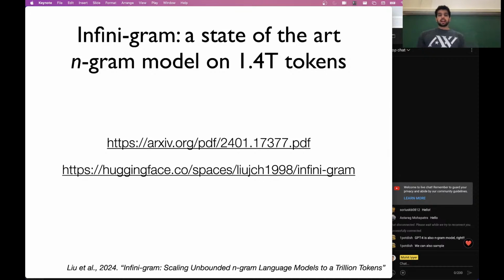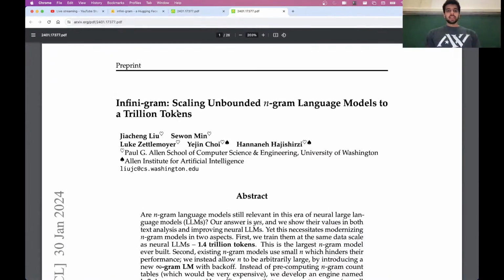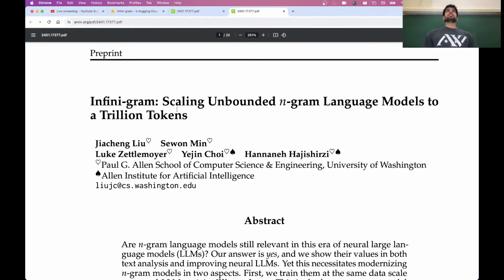All right, so here I wanted to show a very recent paper, actually published just a week ago, about scaling n-gram models to 1 trillion tokens and using a clever variant to dynamically choose the value of n for different contexts.